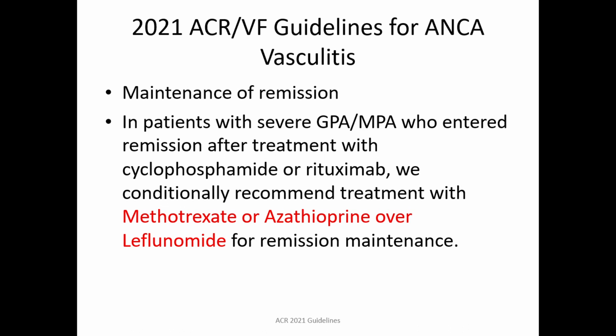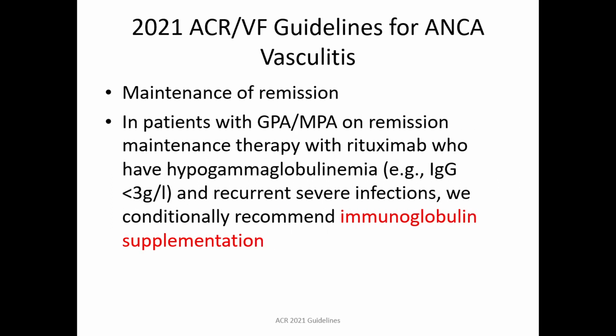In patients with severe GPA or MPA who entered remission after treatment with cyclophosphamide or rituximab, there is a conditional recommendation that we treat these patients with methotrexate or azathioprine or leflunomide. So leflunomide is out of the box, mycophenolate is out of the box, plasmapheresis is almost out of the box, and you are dealing a lot with glucocorticoids, methotrexate, rituximab, cyclophosphamide, and then there will come this role of IVIGs as well.